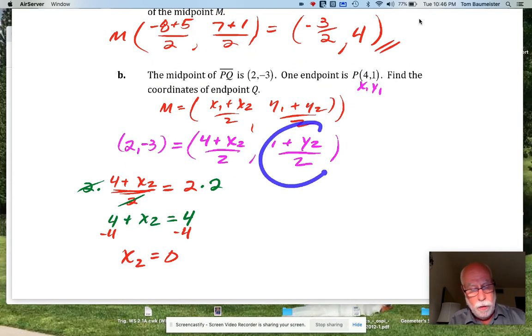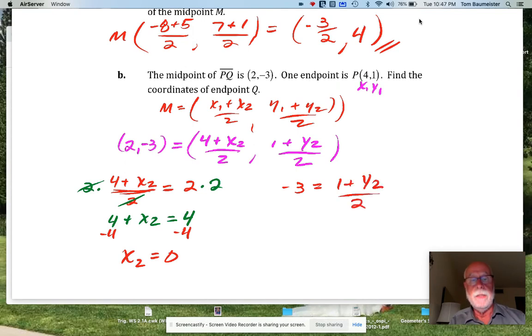And then we're going to do the same thing for our y value. This is our y value of our midpoint. This is our y value of our other endpoint. So we can state that negative 3 is equal to 1 plus y2 divided by 2. Again, on this one here, I'm going to multiply both sides by 2.